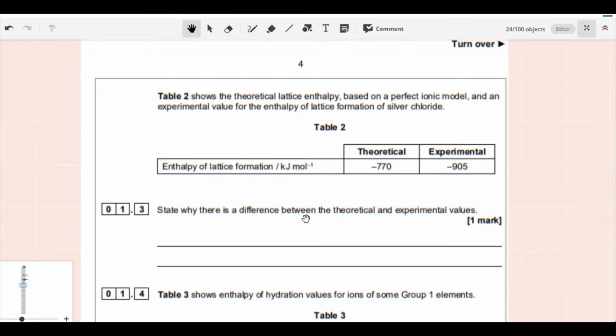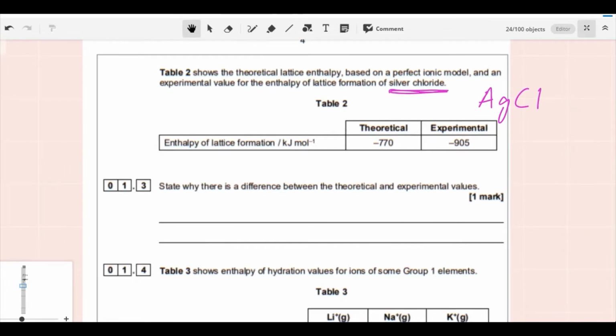State why there is a difference between theoretical and experimental. So for which one? That is for silver chloride, AgCl.